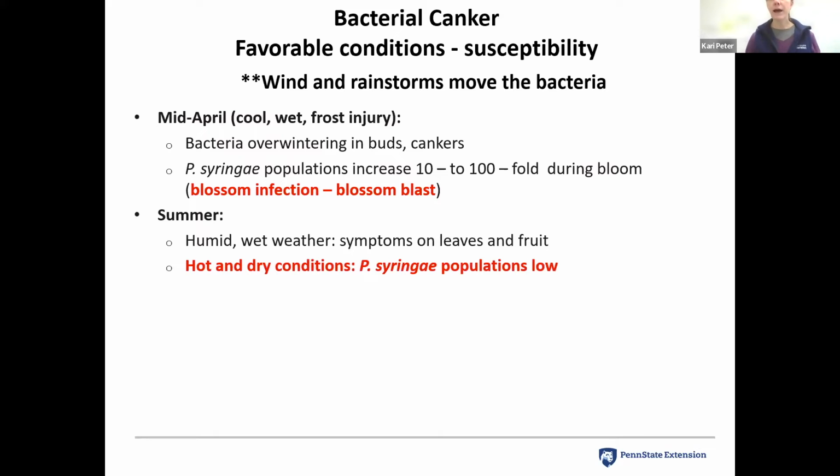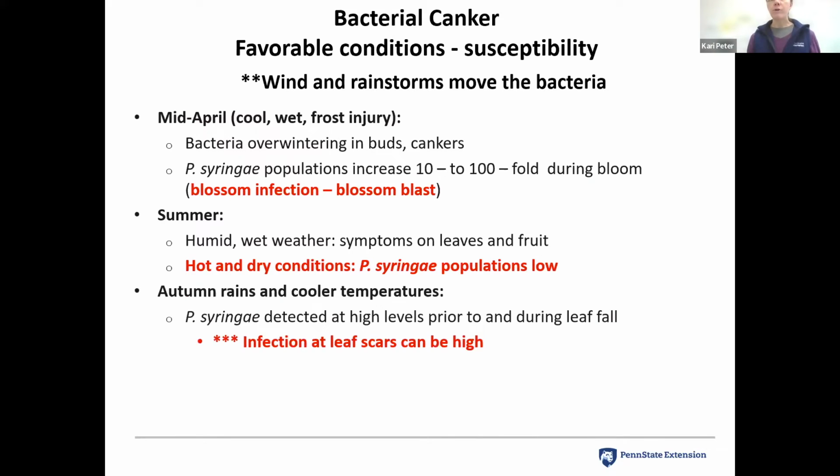In the summer, it's hot and humid. The bacteria does not like these conditions, so the population is going to be very, very low, which is a good thing. Now with autumn, you have higher populations because it can be cool and wet during this time. This is when you want to be managing the disease, because this is when you can get infection of the buds and such.